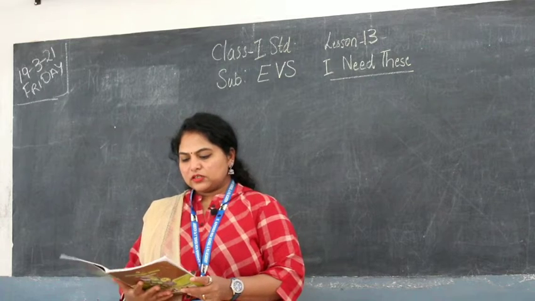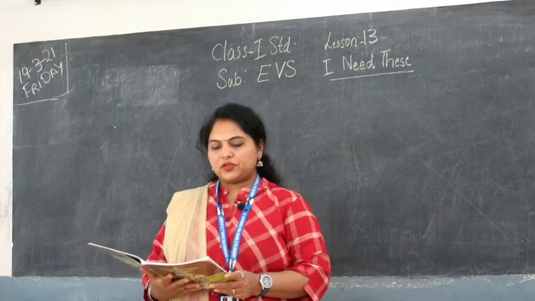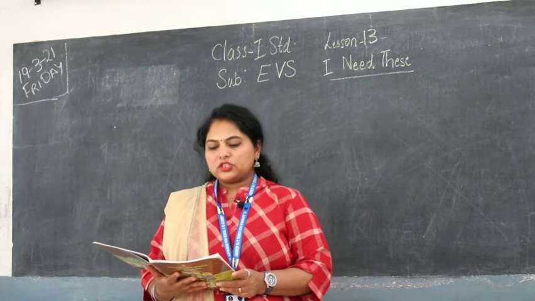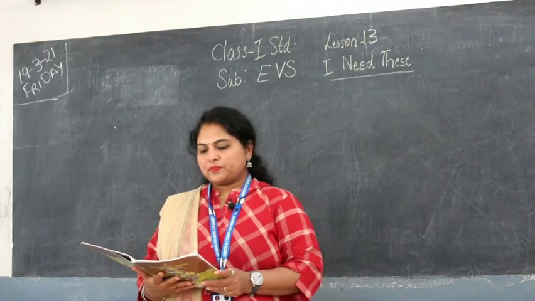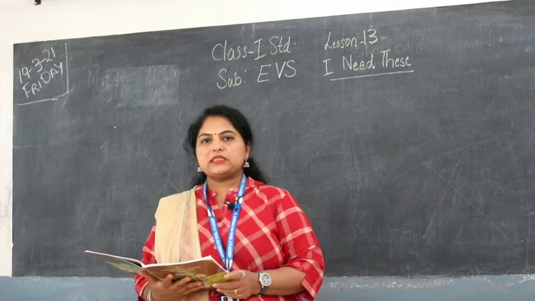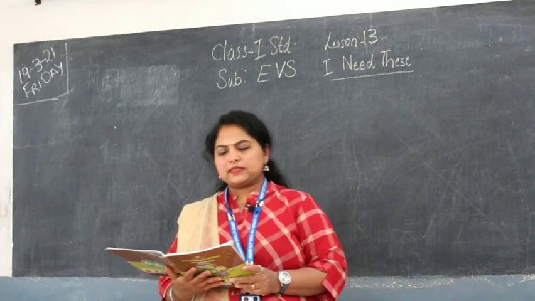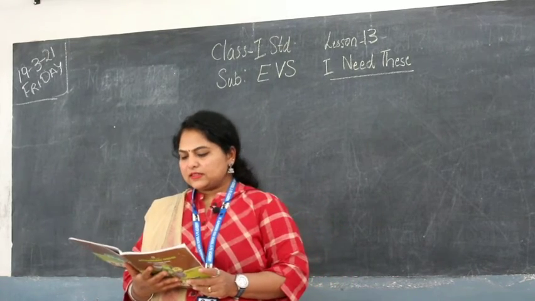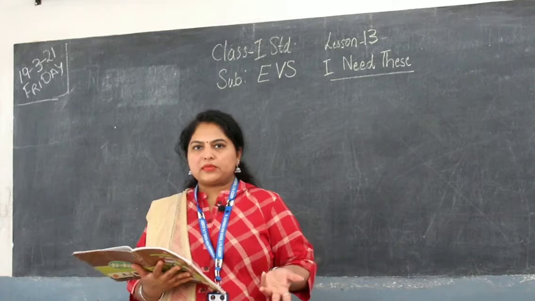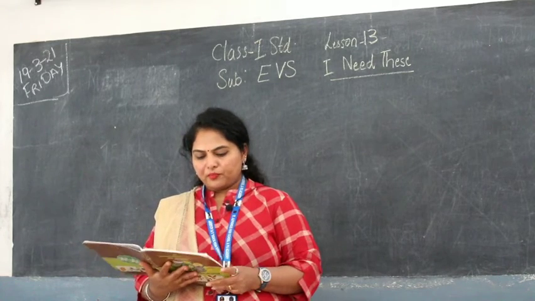There are some pictures given on page number 83. What are the children doing in the pictures? In the first picture, you see a girl eating. In the next picture, you see a boy sitting in his house. Probably he's doing some exercise or he's singing, but he is sitting at home.